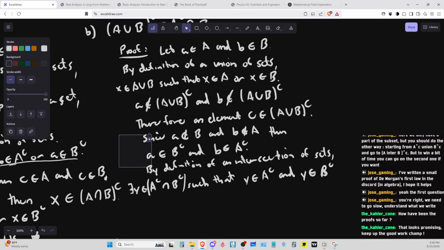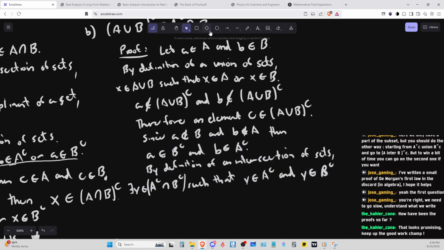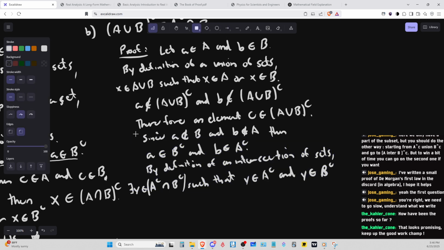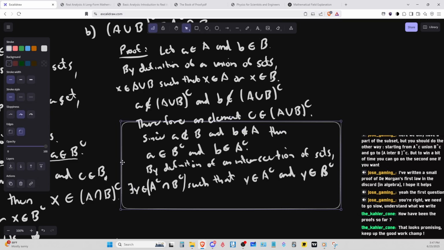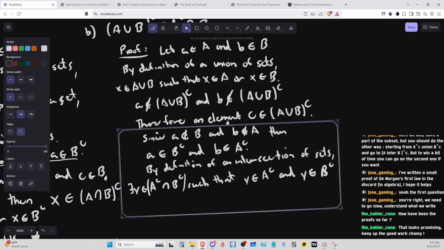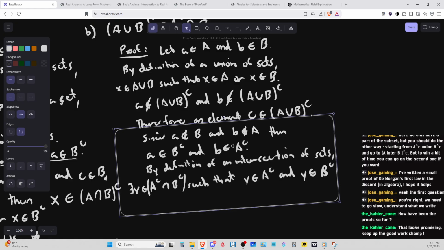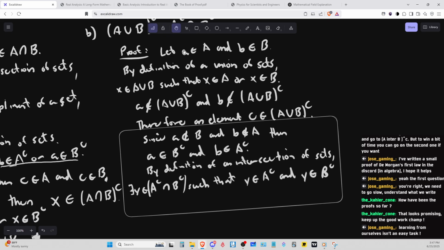Oh, I hate that, I can't move the whole thing. That's the one thing I don't like, when I write crooked. Now I want to take this and move it.